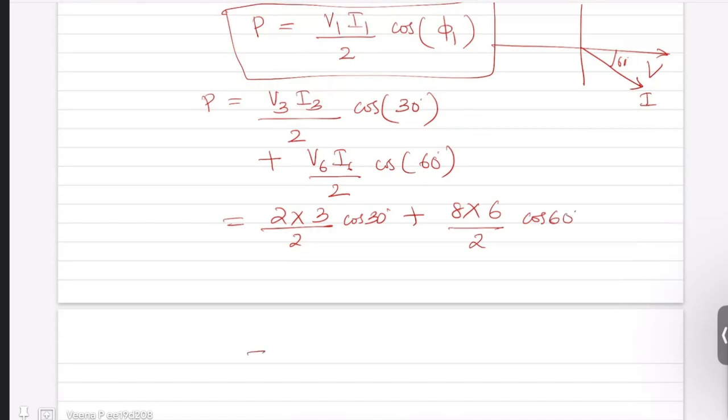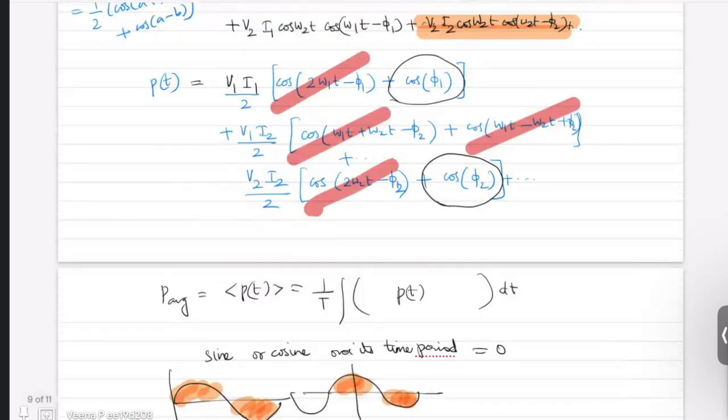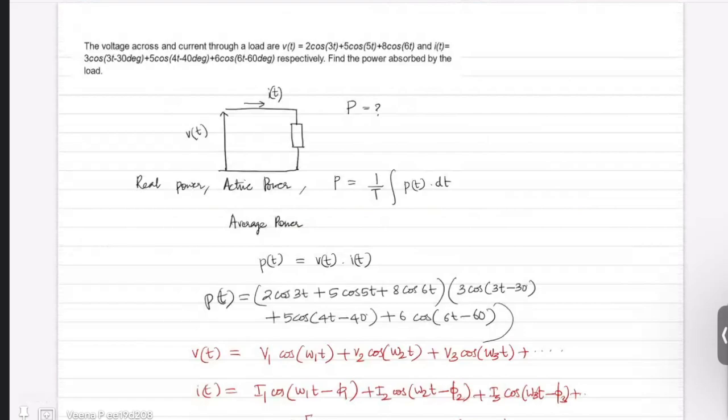So this is your average power or real power or active power contributed by the circuit. So you have the value, for the second term 4 times 6 cos 60, and this comes out to be 14.59 watts.